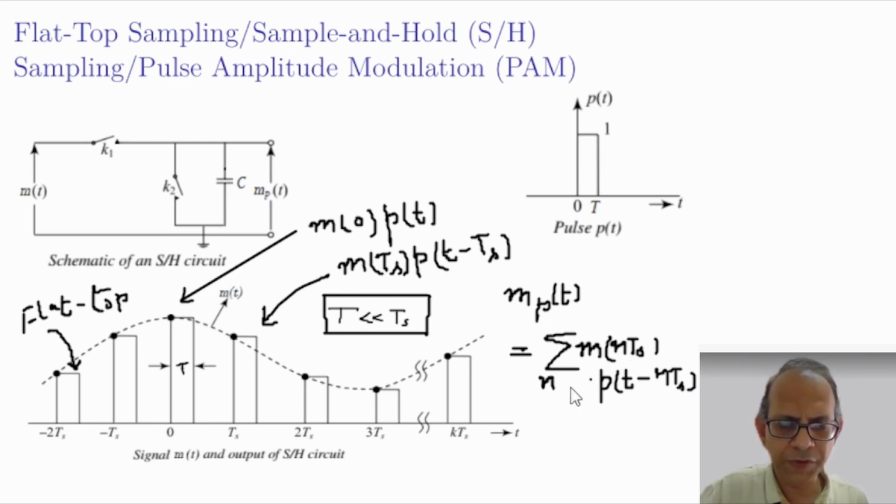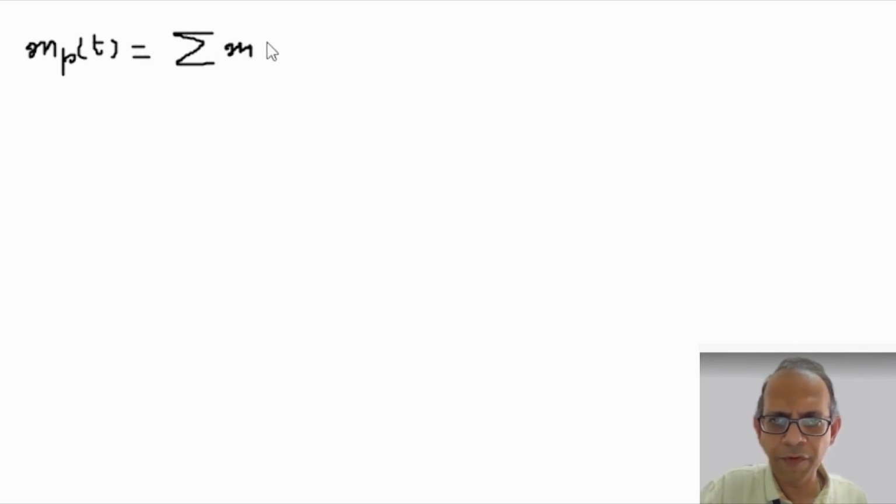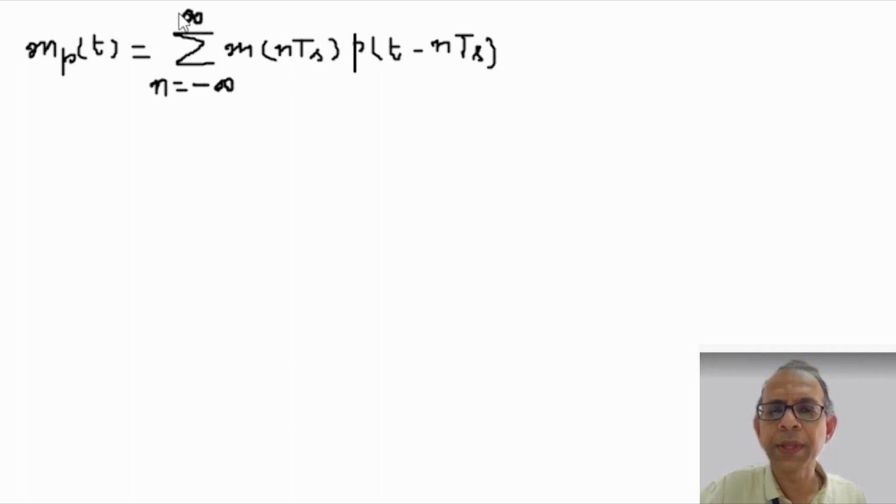So this n varies from minus infinity to plus infinity in general. Let us write it once again. So we have m_p(t) equal to summation m of nTs into p of t minus nTs, with n varying from minus infinity to plus infinity.